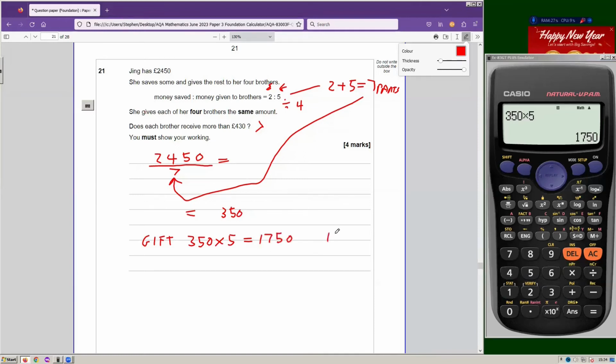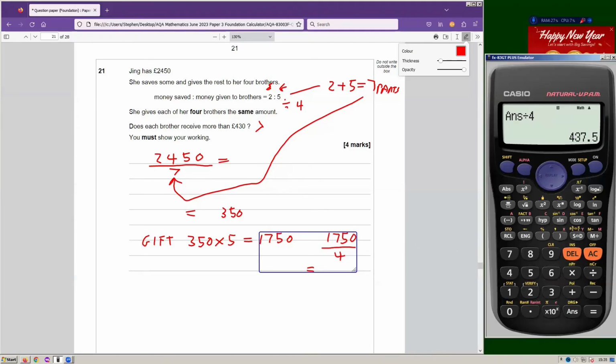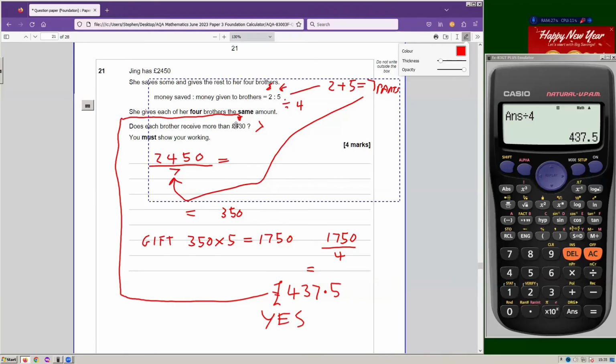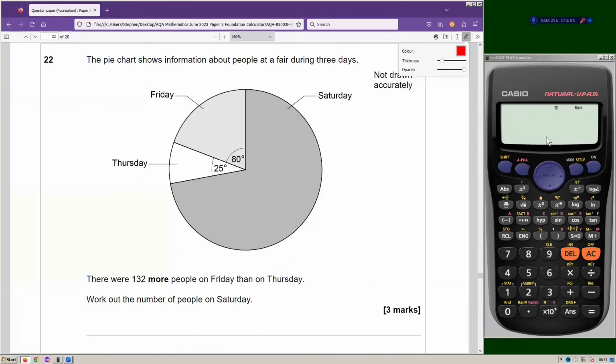And then the 1750, 4 brothers, equals, not as neat as I could have been, but yes, that answers the question. Does each brother receive more than 430? Yes, by £7.50.